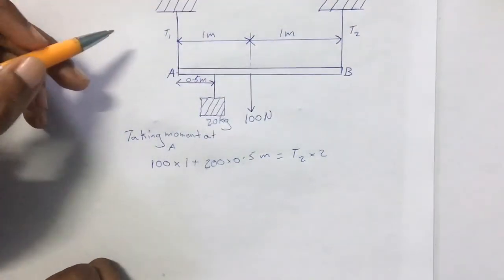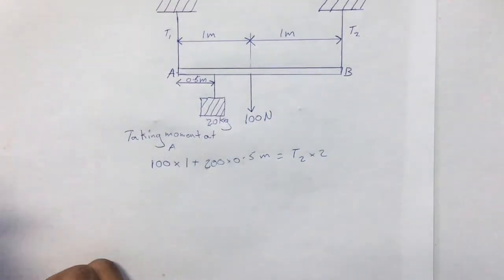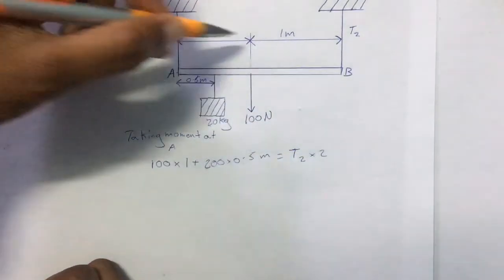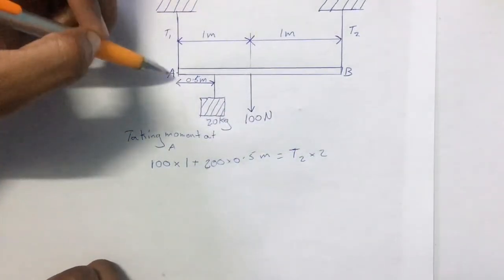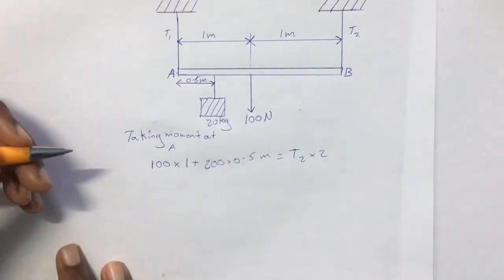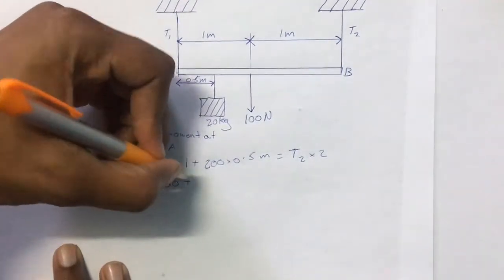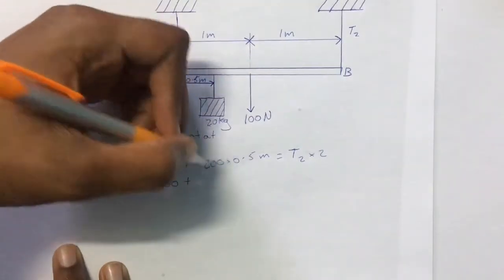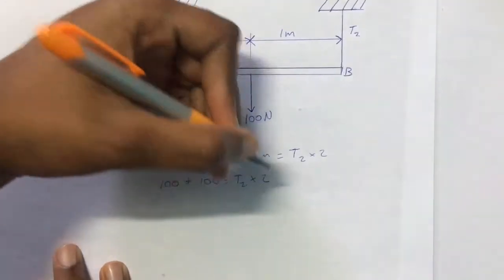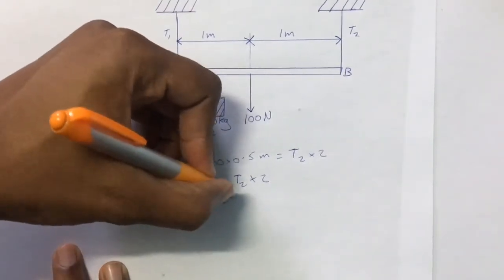Remember we said in the principles of moments that the moments from both sides must be equal to each other. So this must be equal to T2 times 2, which is the total distance away from point A. Let's simplify this and solve for T2. So 100 times 1 is 100, plus 200 times 0.5 is 100, is equal to T2 times 2. 100 plus 100 is equal to 200, equal to T2 times 2.